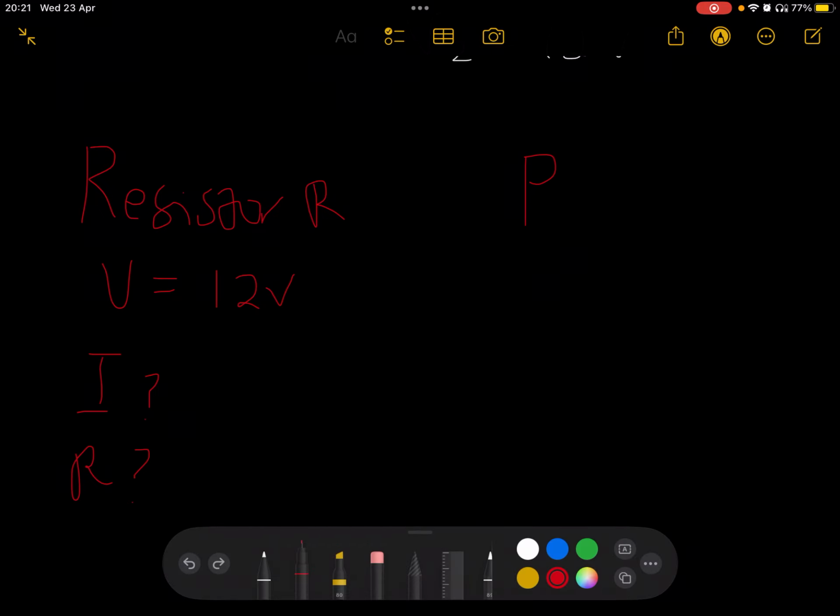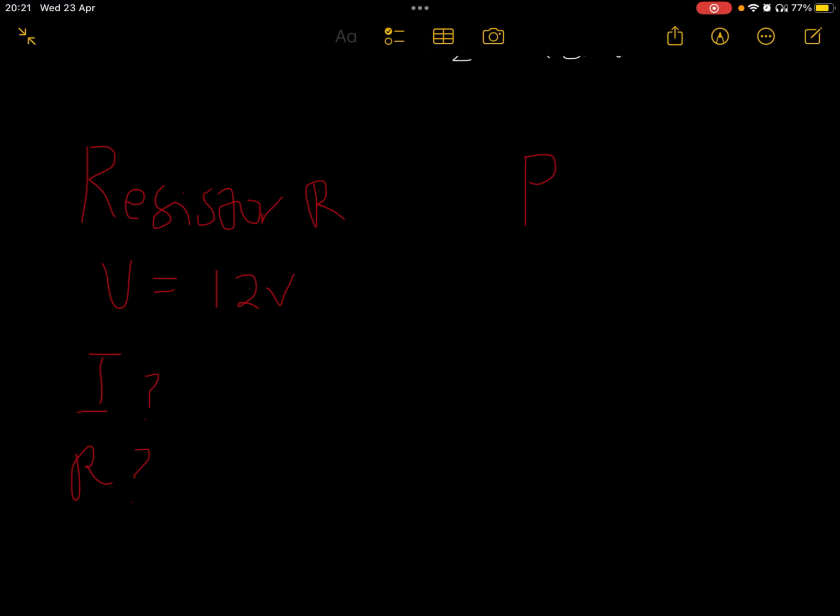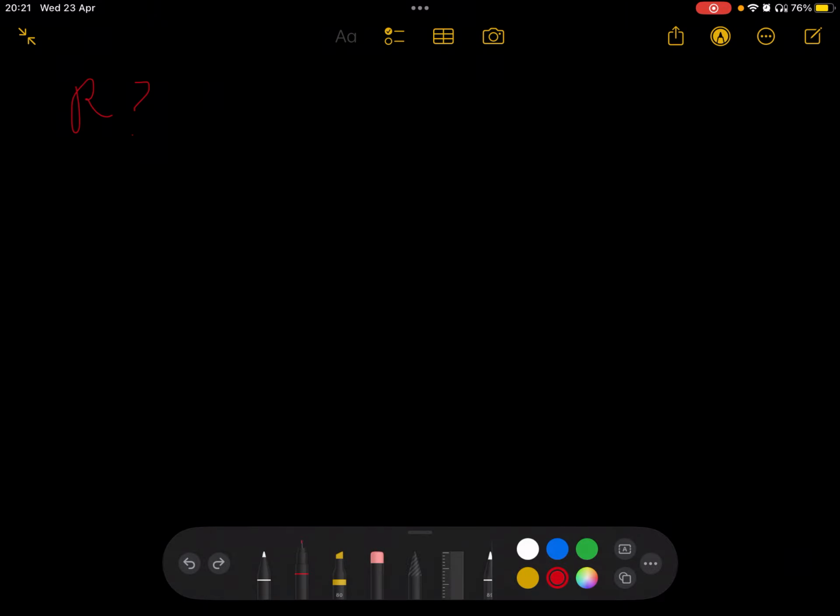I will leave this as it is and just try and scroll up. Alright, we have 4 ohm and 2 ohm, which are in series. Therefore, we can say their resistance is what? The resistance of 4 plus 2 is 6 ohm.